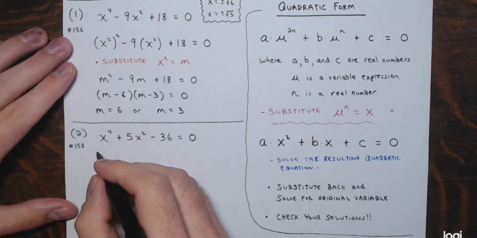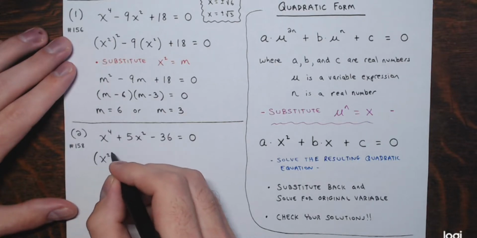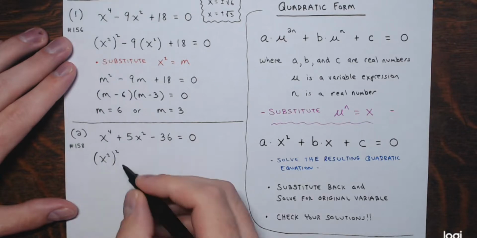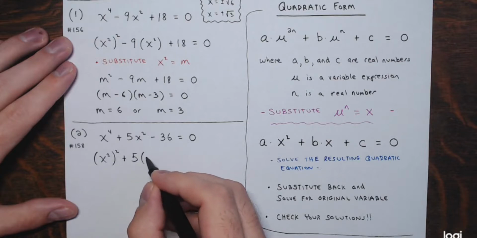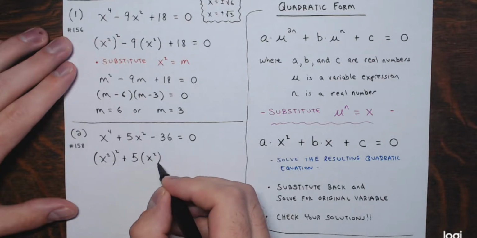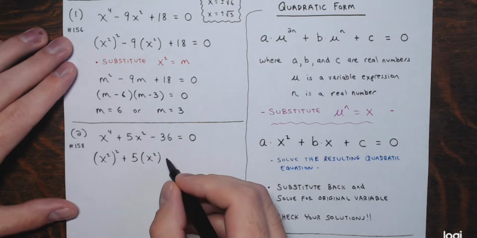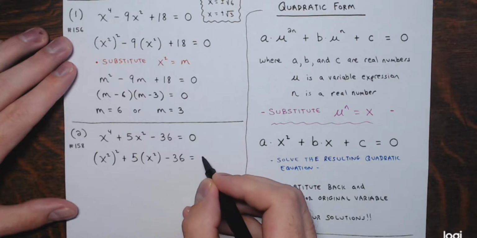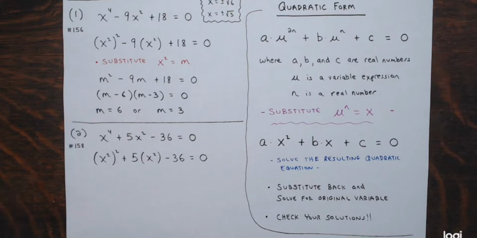So once again, x to the 4th is x squared squared, right, written as a square, plus, and then we have 5 times x squared to the 1st, but no need to write to the 1st, and then minus 36, right, equals 0. Right. So I can definitely see that it's in quadratic form.